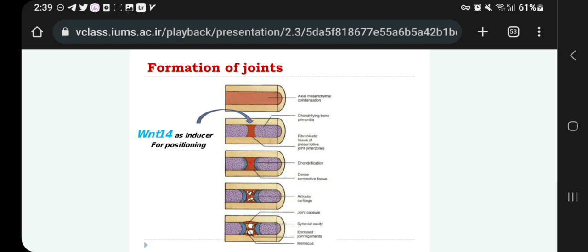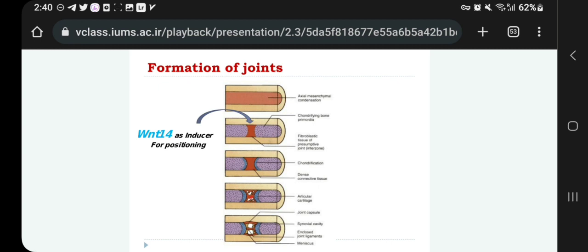After the rising of the condensation, cell death starts. You can see some cavities here, and after that they connect to each other and make a cavity. That's the joint cavity.